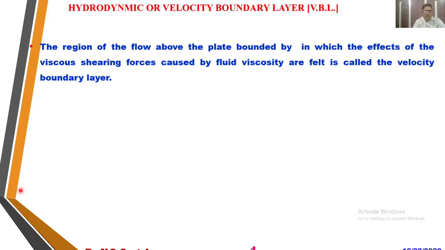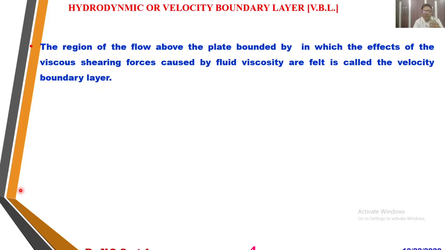Now let us discuss some salient points about this hydrodynamic or velocity boundary layer formation over a flat plate. The region of the flow above the plate, in which the effects of viscous shearing forces caused by the fluid velocity are felt, is called the velocity boundary layer.